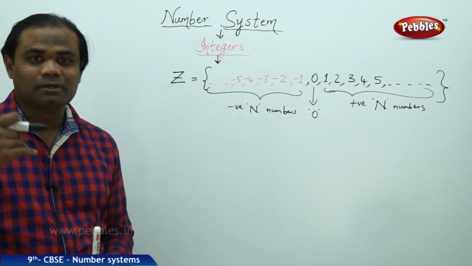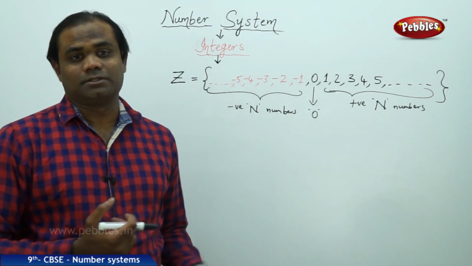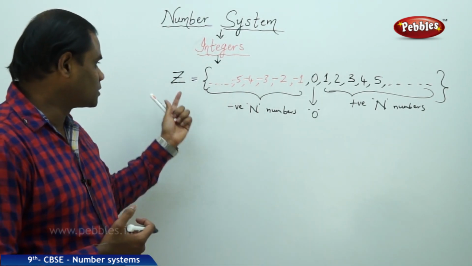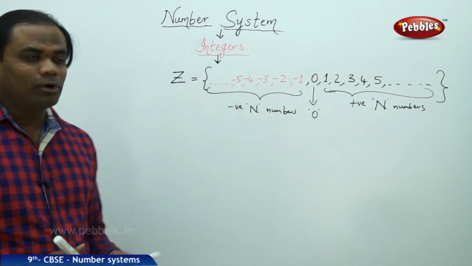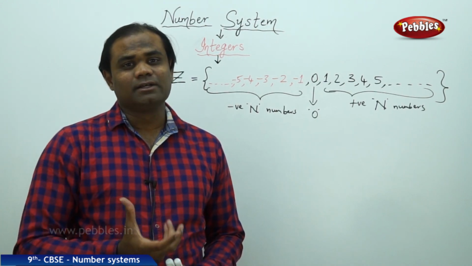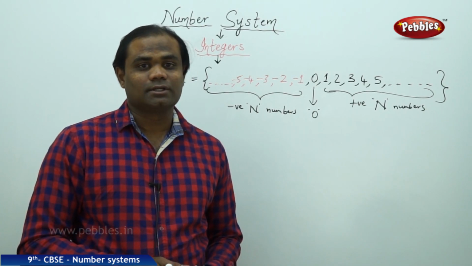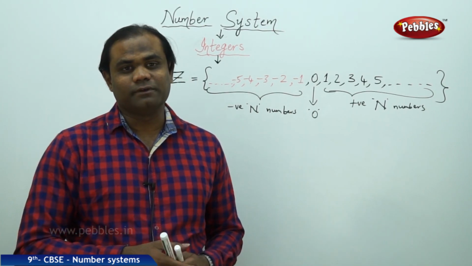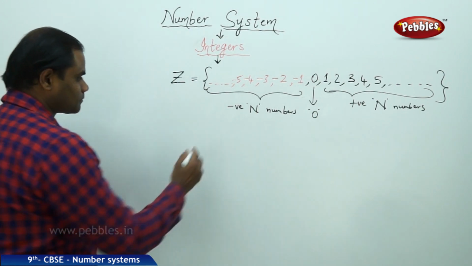This is how we understand the difference between the natural numbers, the whole numbers and the integers, the set of integers being denoted by capital Z. Also, it is very important to note that the set of integers is further classified into positive integers, negative integers, and non-negative and non-positive integers. So let's see how the classifications are done.